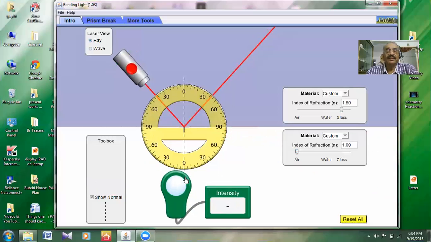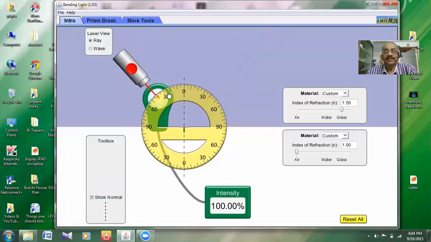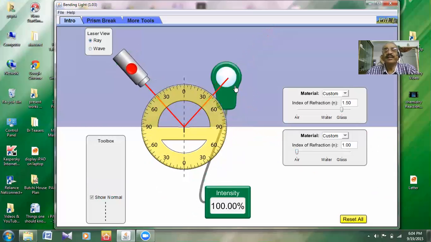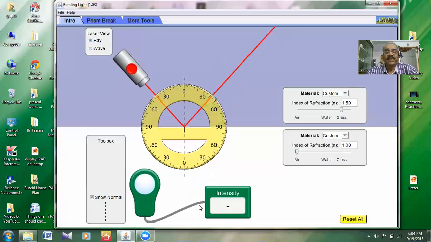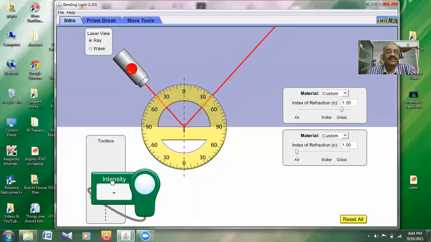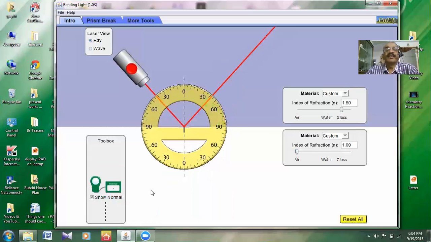Okay, the intensity is here 100% for the incident ray, and for the reflected ray also it is 100%. So the ray, instead of going into the other medium, gets reflected back once the angle of incidence is more than the critical angle.